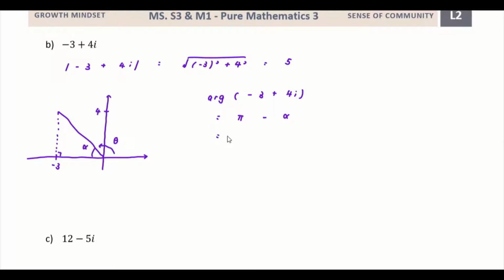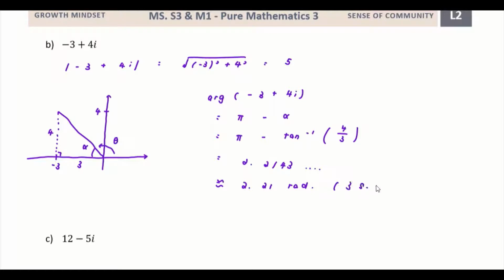So alpha is equal to tangent inverse, the opposite is 4, the adjacent is 3. We are looking at the length only, so it's 4 over 3. By using the calculator, you'll be able to get the radian, and round it to three significant figures, so 2.21 radian.